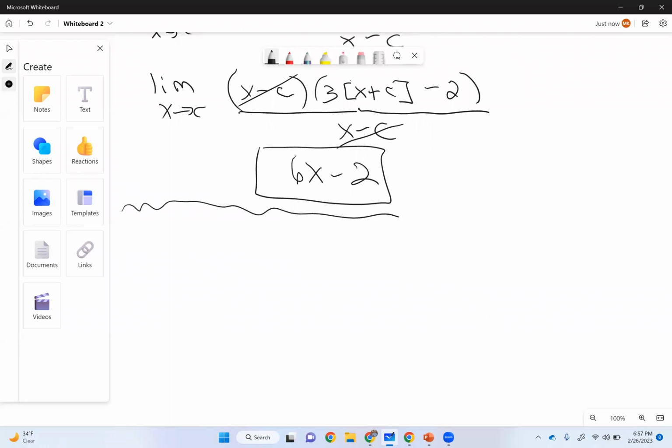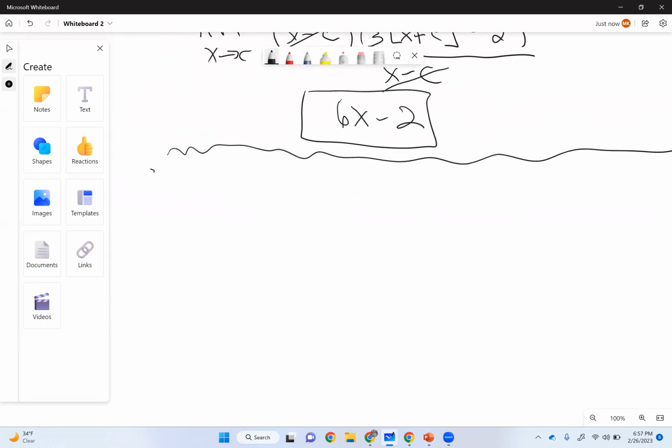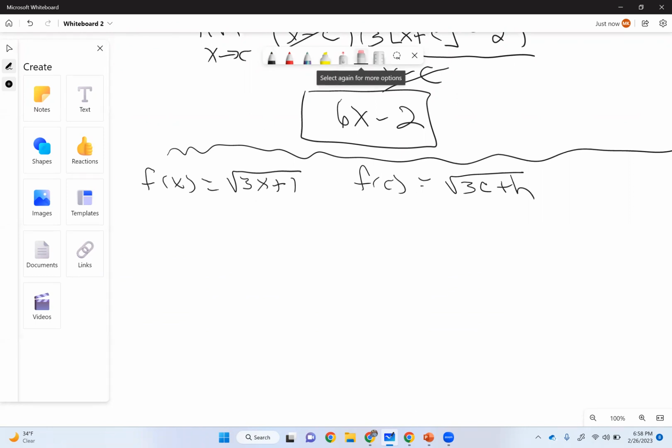Good times. All right, so now we're going to try another function. Now we're going to let f of x equal the radical of 3x plus 1. And then f of c would equal the radical of 3c plus 1.